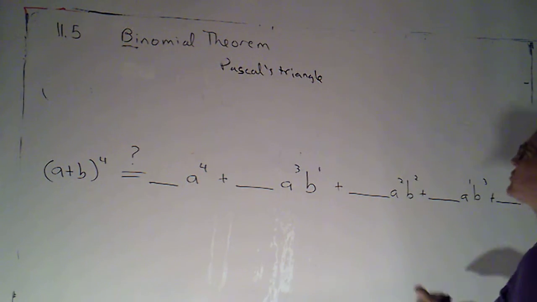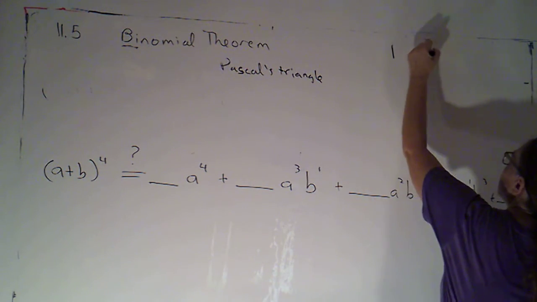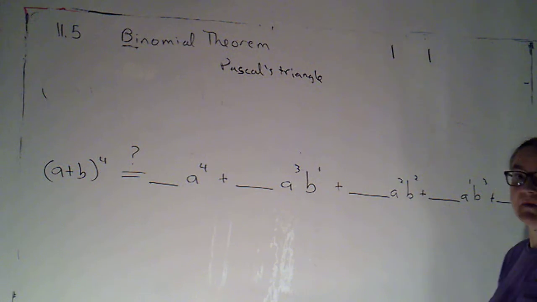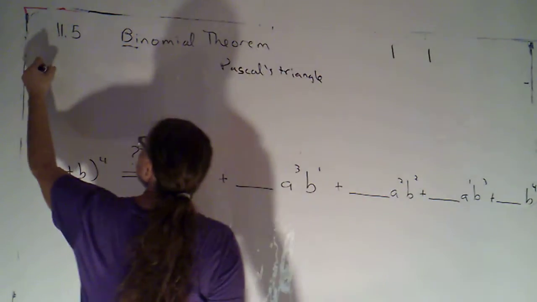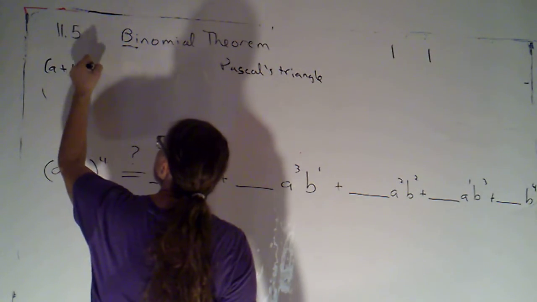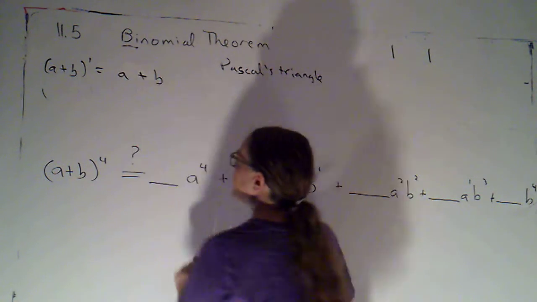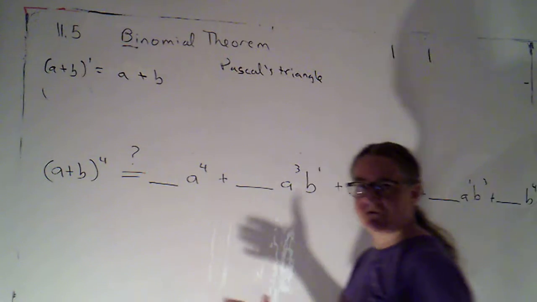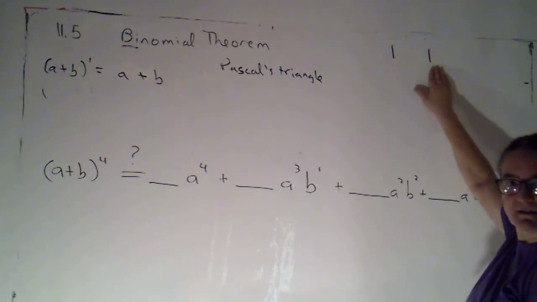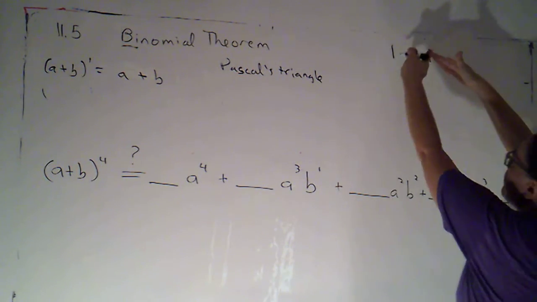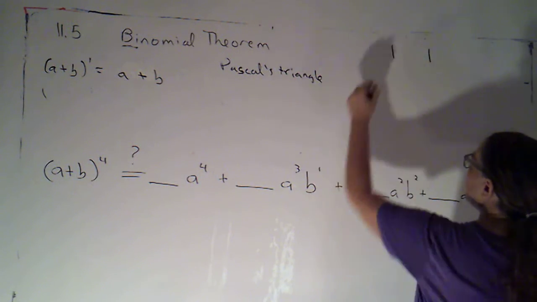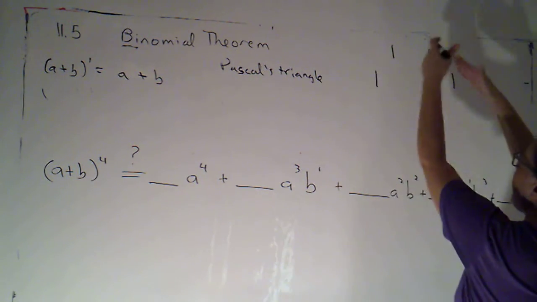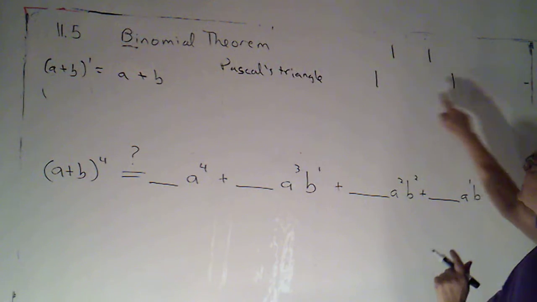Now for Pascal's triangle, what I do is I start with 1, 1. Remember, we said A plus B to the first was A plus B. That's 1A plus 1B. So I start with the coefficients that I have for the terms that I get in the first power. To form a triangle, I'm going to come out like so and put some 1s.